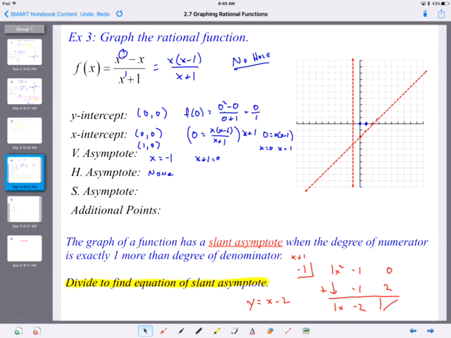So now we need to go to the graphing calculator to identify the additional points that we need at this point. So our additional points, here we need to write a slant asymptote, y equals x minus 2. And then the additional points for this function.